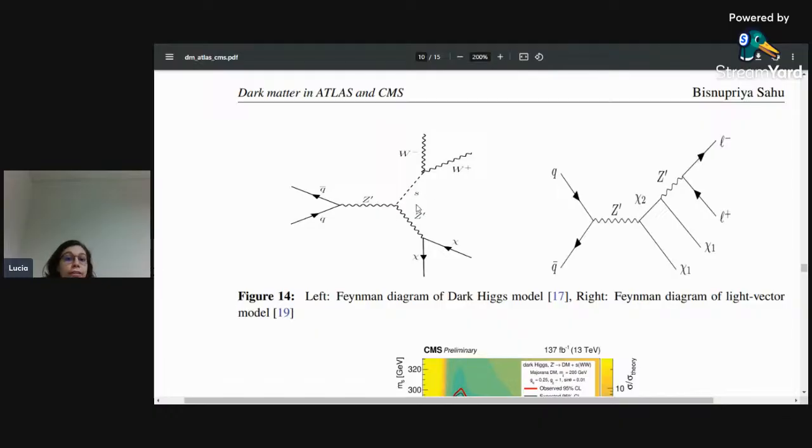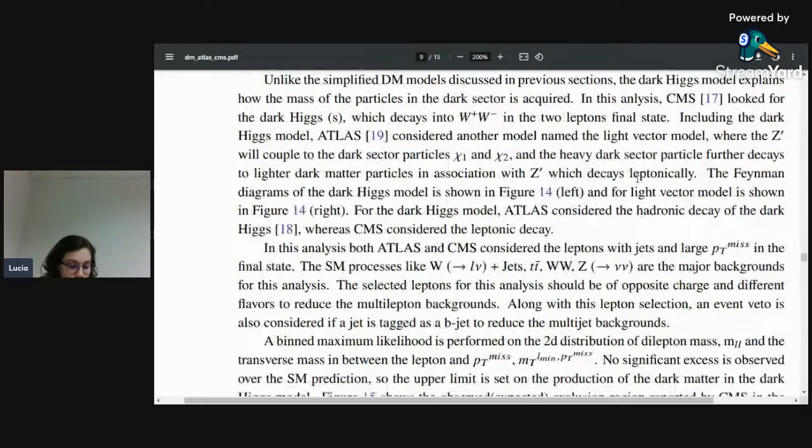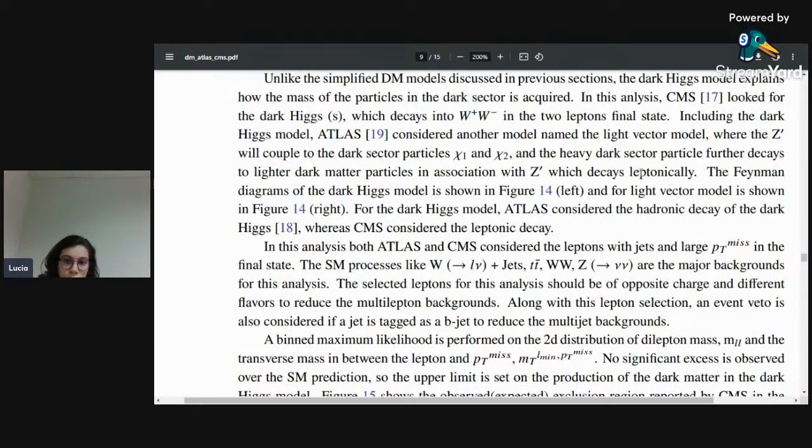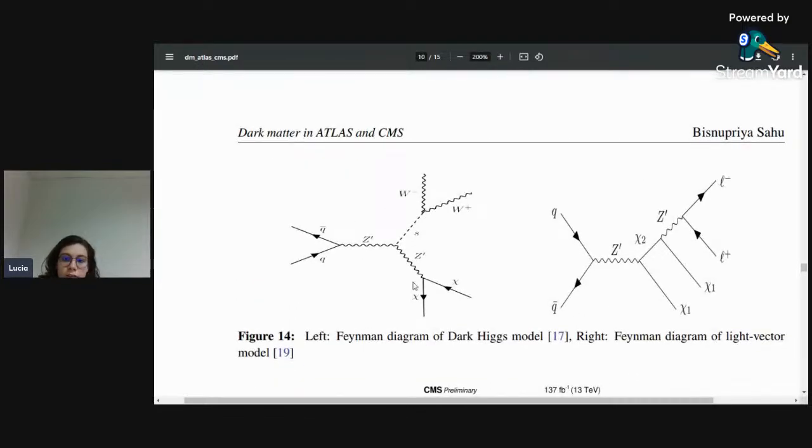In this case, they also consider a Z prime. Let me see if this is the name of the model here. It's a U1 extension with a symmetry breaking term, and then you have the dark Higgs in it. They only say the dark Higgs model and don't mention that; they just consider it. It's a random U1. This is the dark Higgs model, and this is the light vector model.